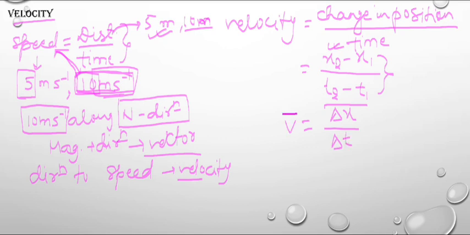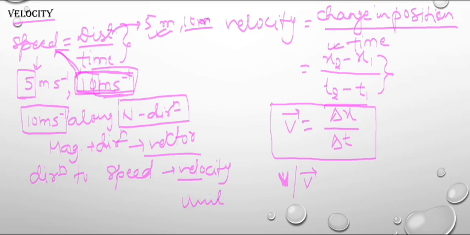It is velocity. Since velocity is a vector quantity, we denote a vector quantity with an arrow at the top. If we are not able to put an arrow, we write any vector quantity in bold letters, or we can write it as vector v. Clear? This is velocity. Now students, what will be the unit of velocity?